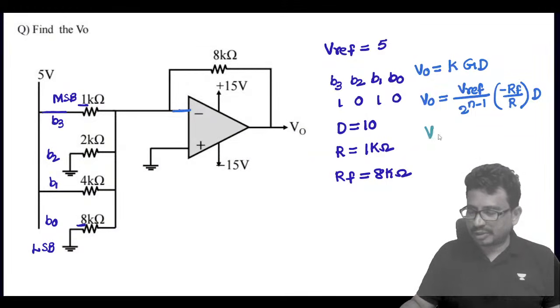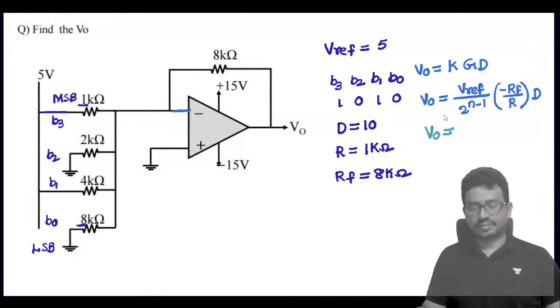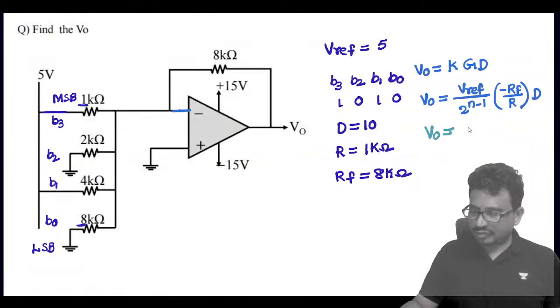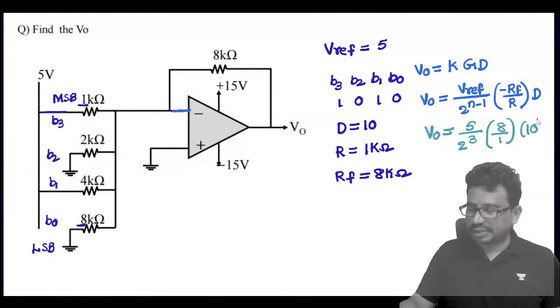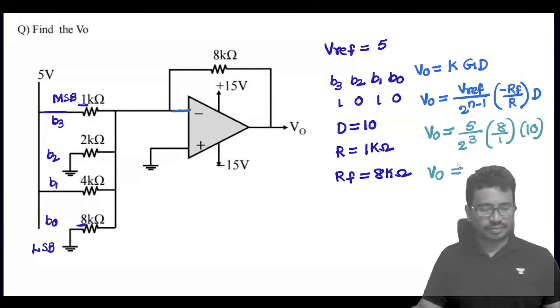So you can tell me now what V0 value we will get from this. V reference is 5 by 2 power 4 minus 1, that is 15, and RF by R is 8 by 1, into decimal equivalent 10. So simplify, how much will the V0 value come?